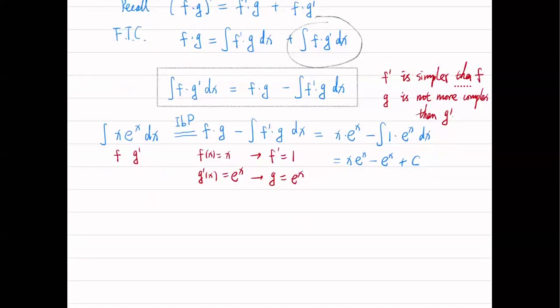Okay, so that's the idea of integration by parts. We want to make the integrand simpler. Sometimes we have to do this more than once. Another example. This one, we apply the integration by parts once.